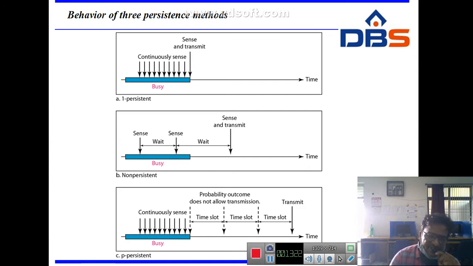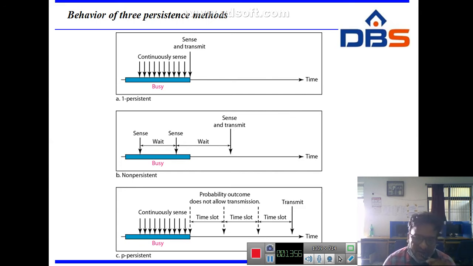Based on the random waiting time, it senses again, and whenever it finds the channel idle, it transmits the data from transmitter to receiver.